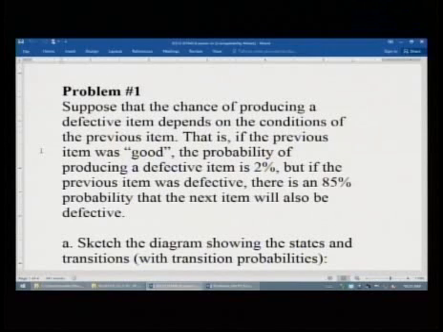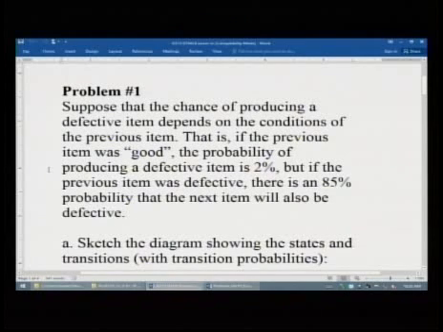Suppose that the chance of producing a defective item totally depends on the condition of the previous item that you checked. Which means if the previous item was good, then the probability of producing a defective item would be 2%. But if the previous item was defective, then there is an 85% chance that the next item will also be defective.